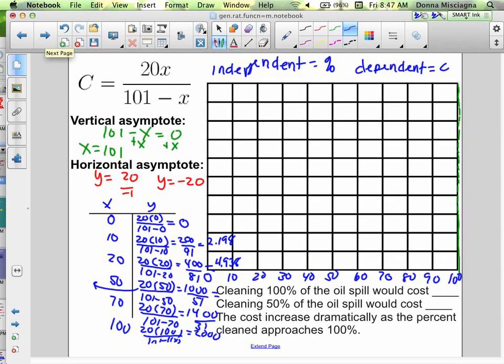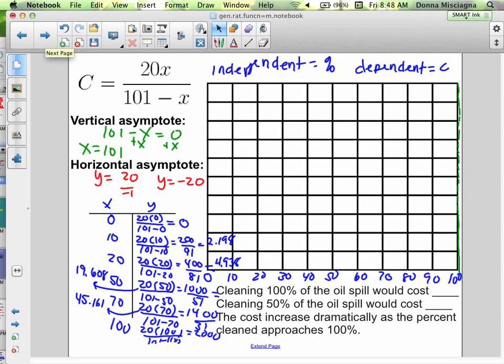And then 1,000 divided by 51? 19.608. And then 1,400 divided by 31? 45.161. Okay, 45.161.